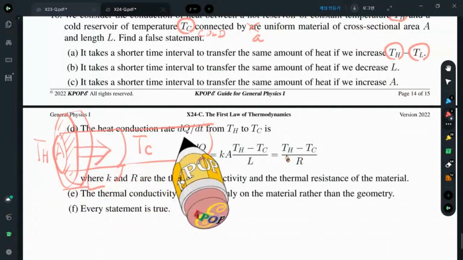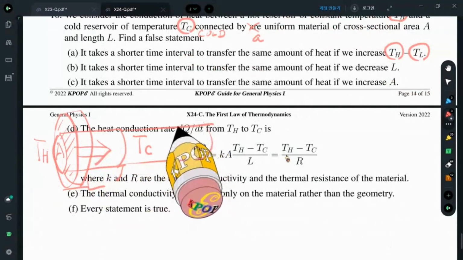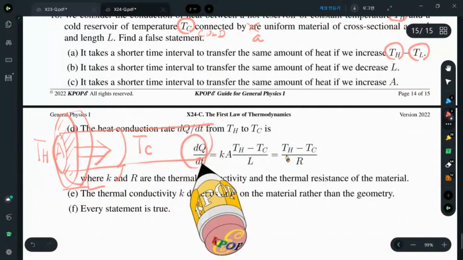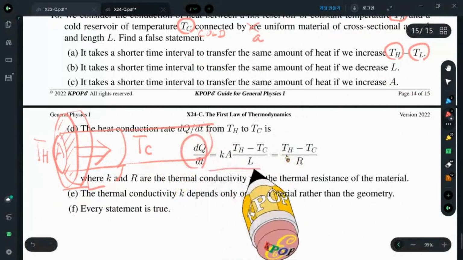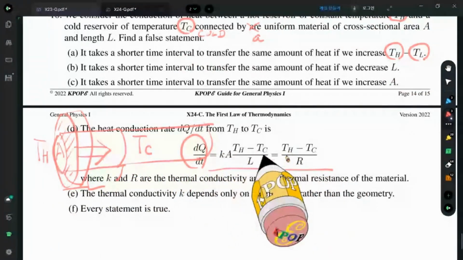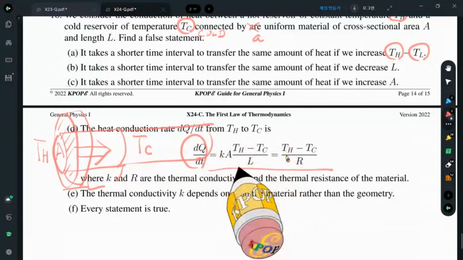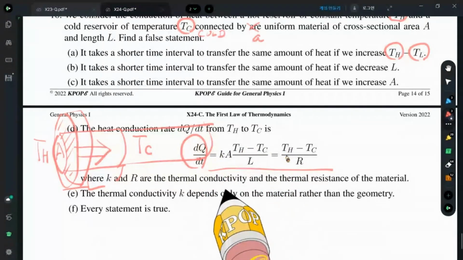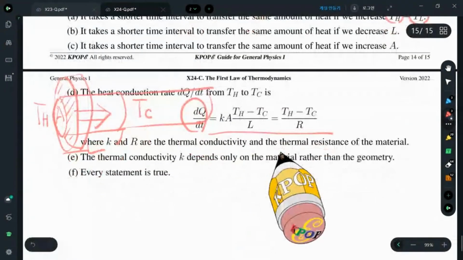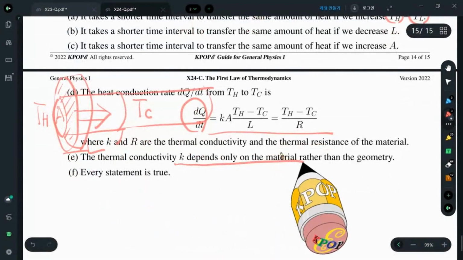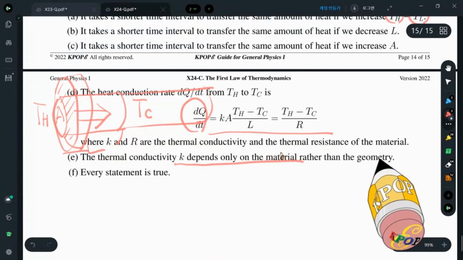The heat conduction rate, the amount of heat transferred per unit time, can be expressed like this. And actually, this expression is very similar to the calculation of electric resistance. Here, K depends only on the material rather than the geometry.